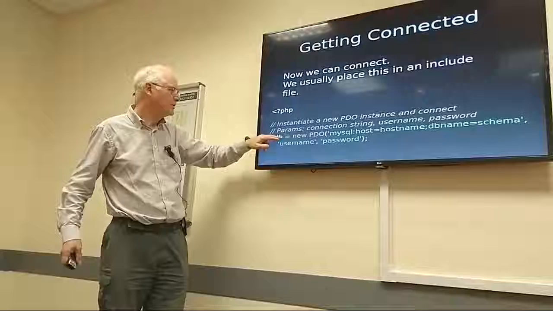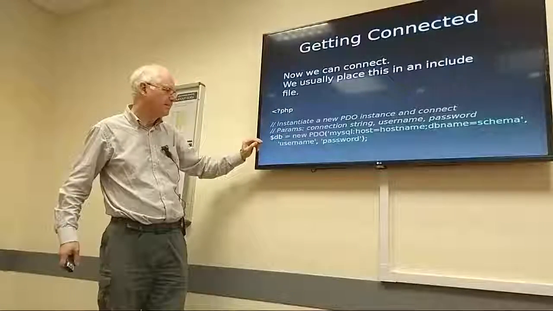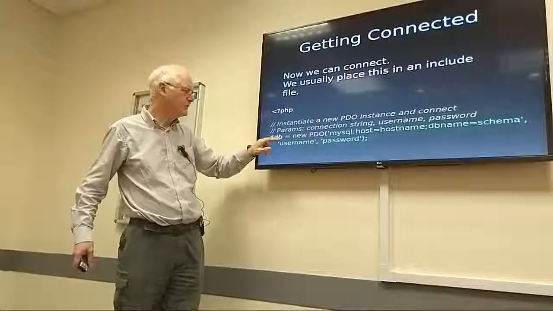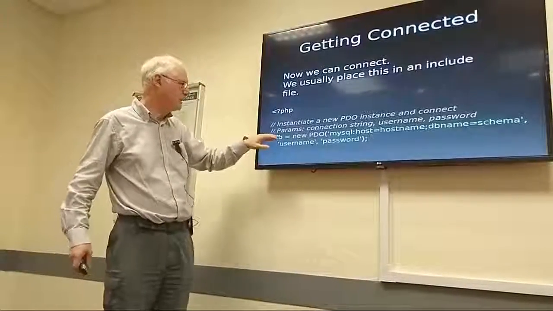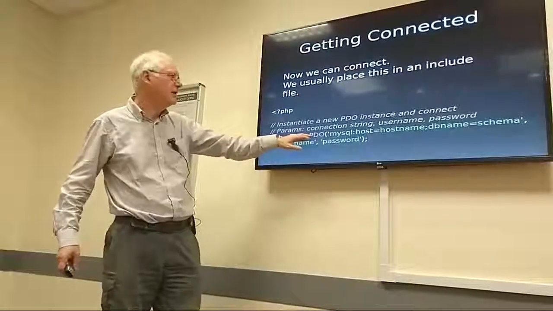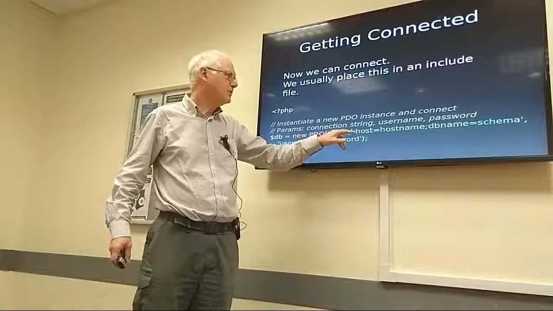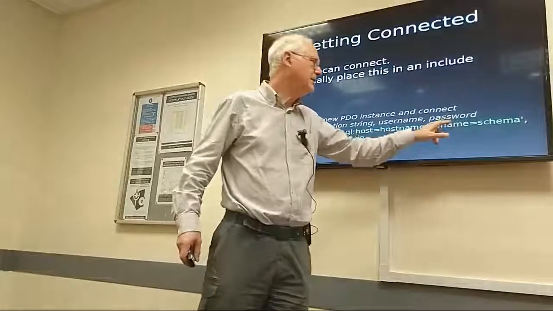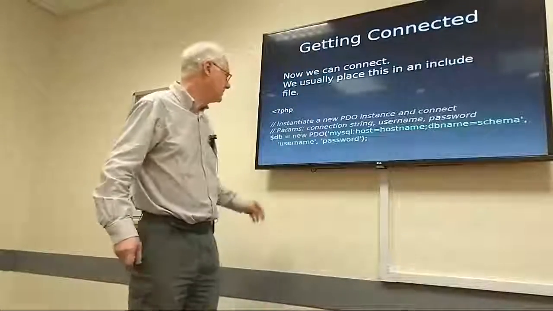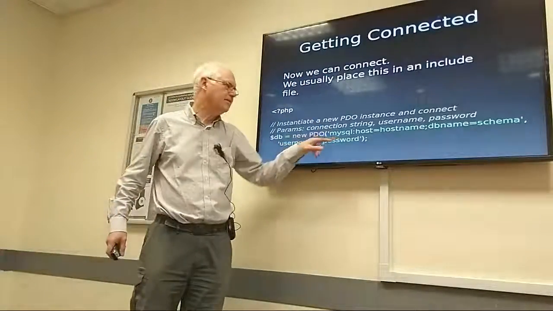So how do we do it? We're going to say $db, or a DB connection variable, something to remind us it's our connection to the database. So $db equals new PDO, PHP data object, mysql host equals whatever the host name is, dbname equals whatever the schema is, comma, whatever the username is and whatever the password is.